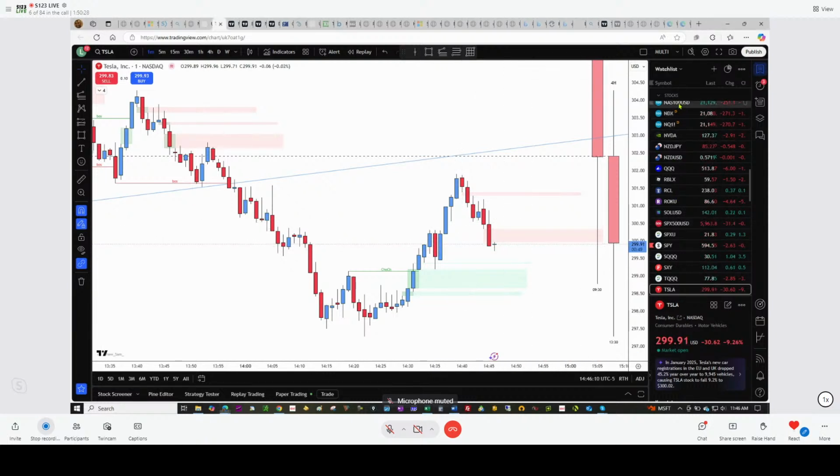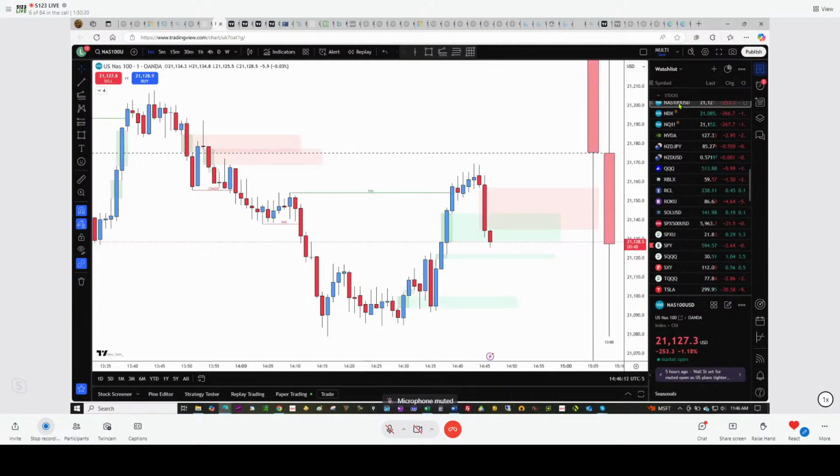It just took a couple more pushes upward before it turned down, but it's saying, I like the way Tesla's going. Yeah, it's completely turned around also. Looking for a retrace now.